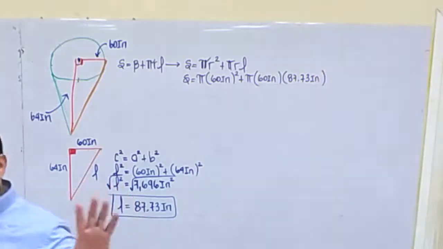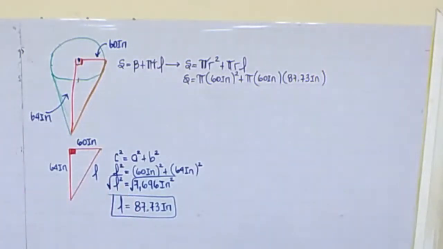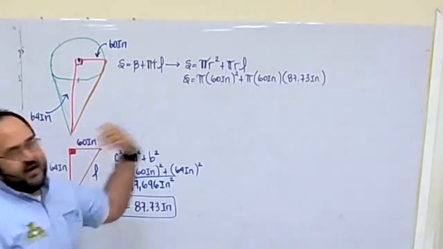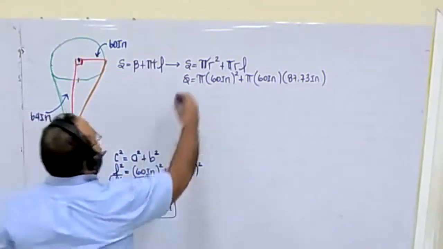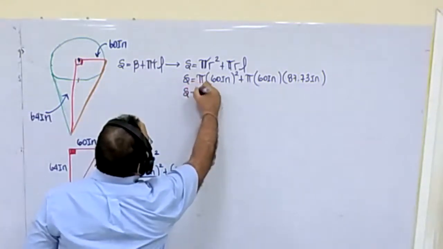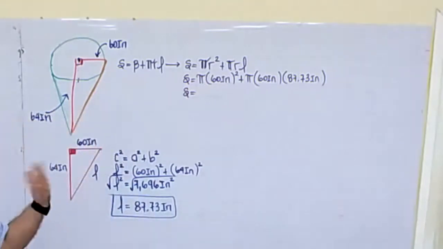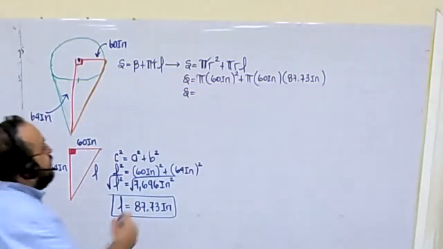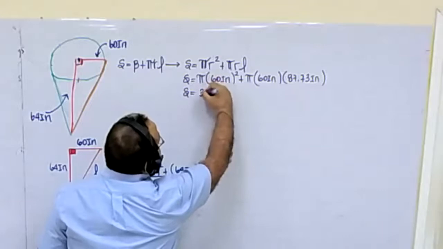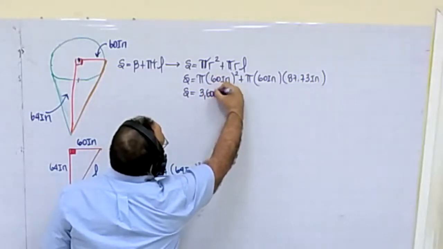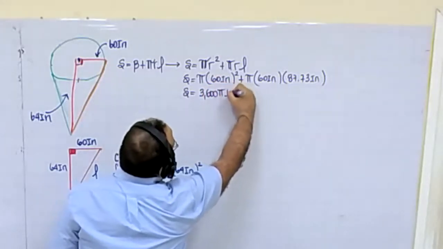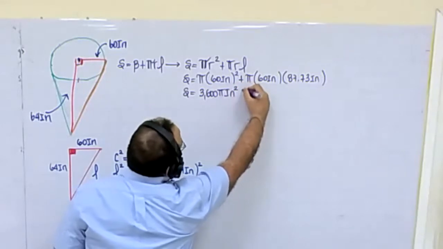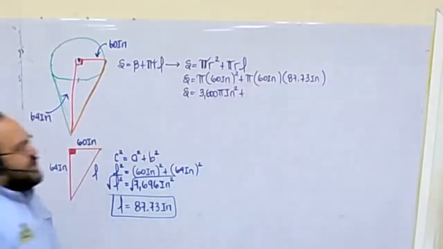Meanwhile, treat the pi value like a variable. Just at the end, we can multiply the final result by pi. So the surface area will be 60 squared, which is 3,600 pi square inches.